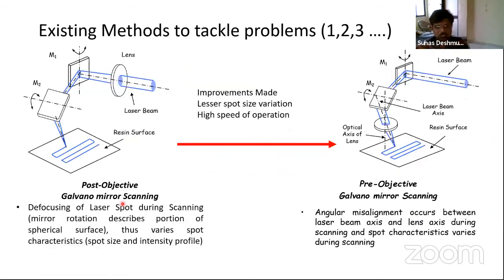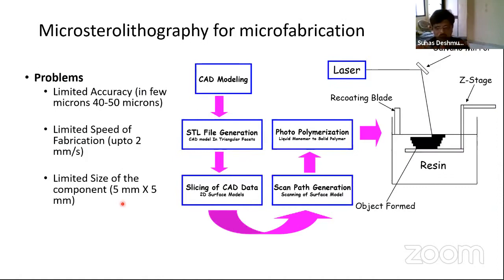To break this limitation, we decided to go for a new system. This is a galvanomirror system, an optical beam delivery system, which takes a laser beam, tunes it, focuses it, and hits the resin mat. Another part is a mechanism which will create an XY motion for this.